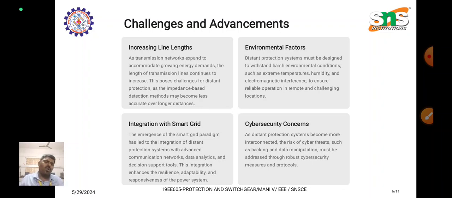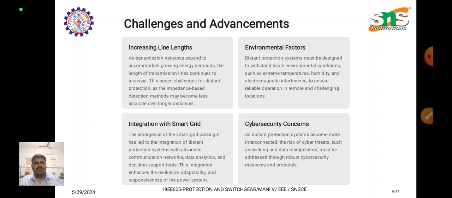If you go for a long distance, the impedance measurement may get delayed. And environmental factors, because of humidity or other electromagnetic influence due to telephonic lines, and environmental conditions like extreme temperature and cold, may give some challenges to the transmission line.